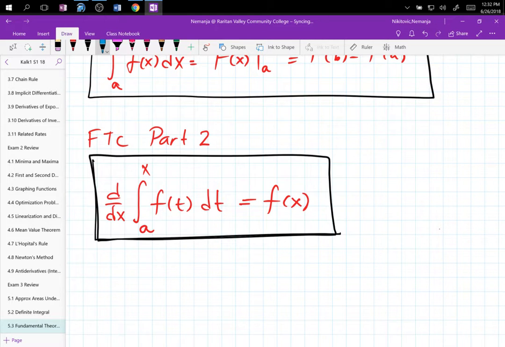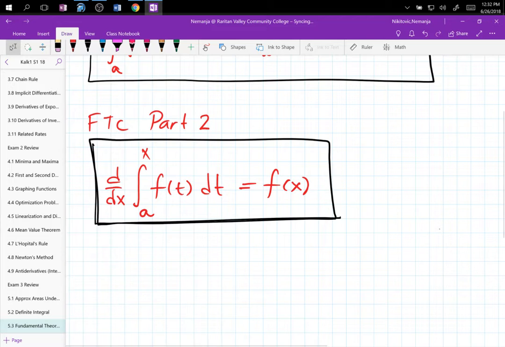So this is all we have. Now, if you look at this thing, we can actually compute this, and this is pretty. I think this is the only proof that I do. No, I did some others, but let's compute this. So the derivative of the integral from a to x of f of t dt.